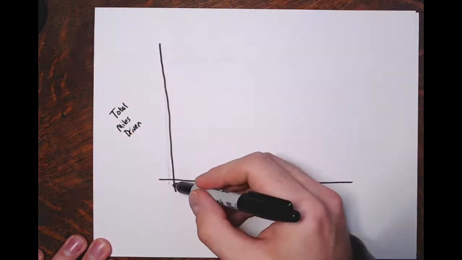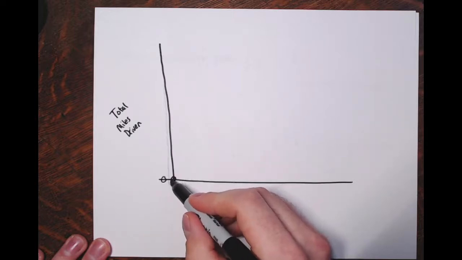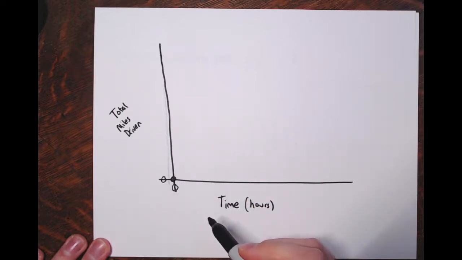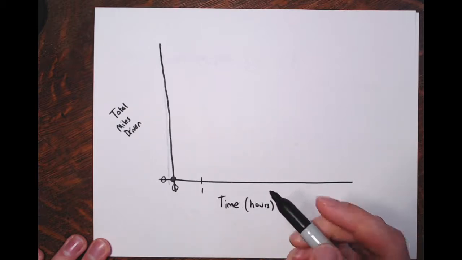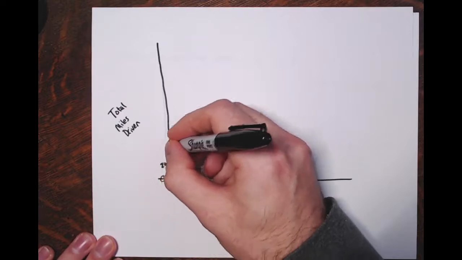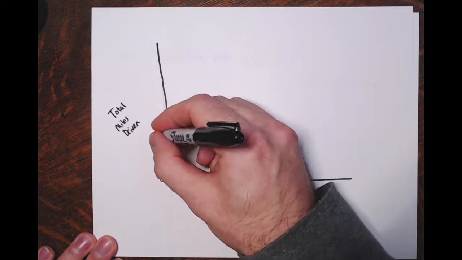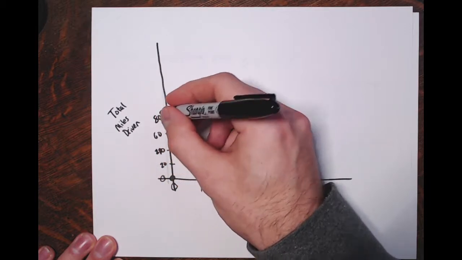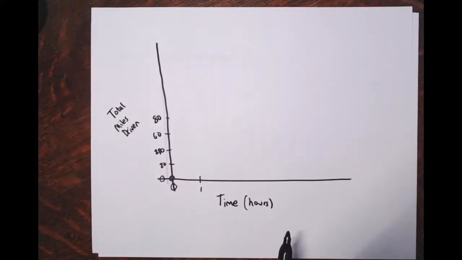Miles driven. So at time 0, at the beginning it was 0 miles, there'd be a point, a dot there. And then it says that, 1 hour later, I'm going to put some notches here, say this is 20, 40, 60, 80, and so on. If you were making it by hand, you would try to make sure things were evenly spaced.